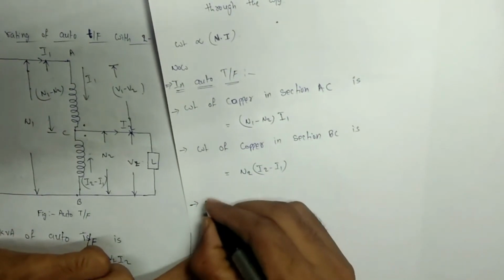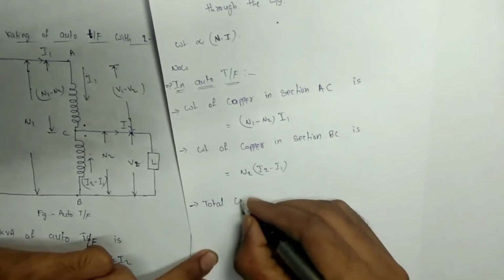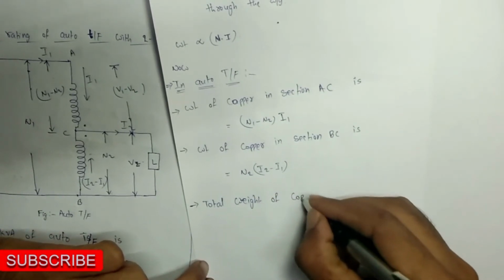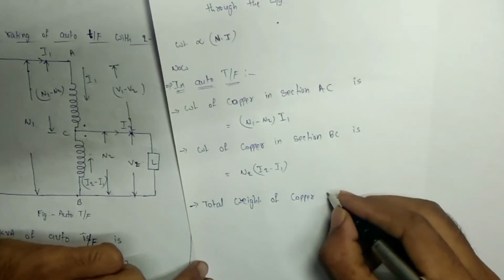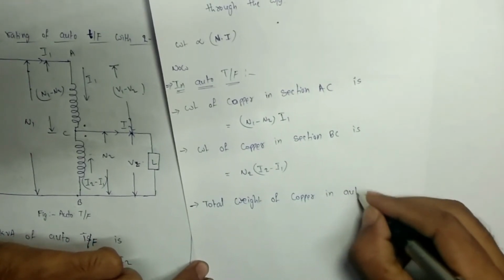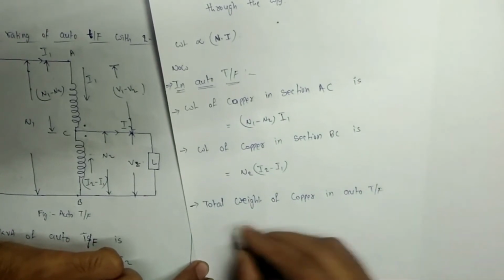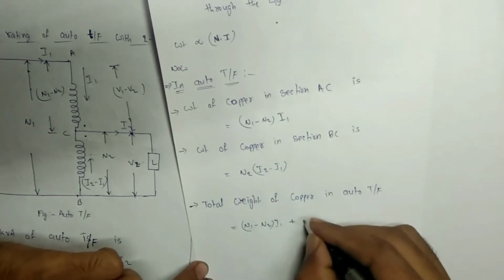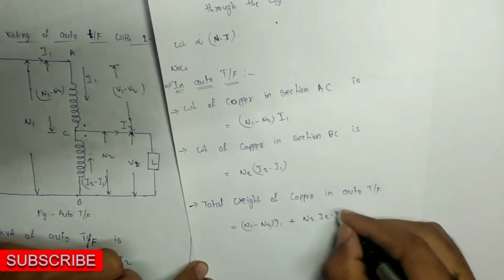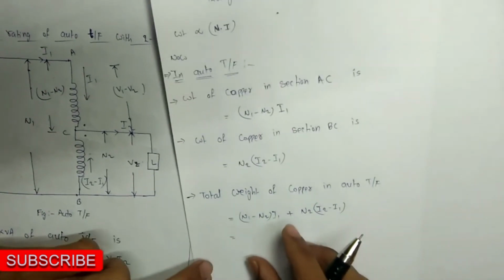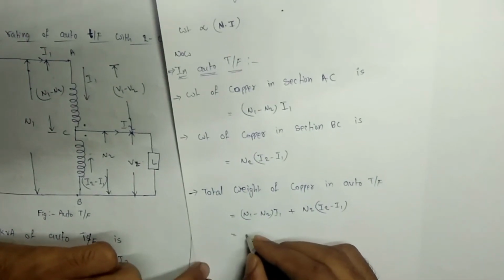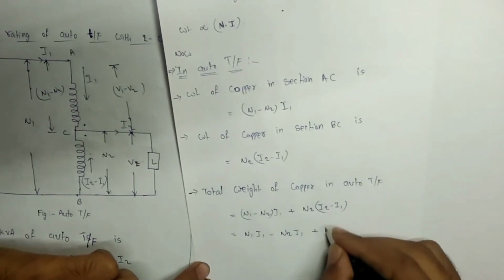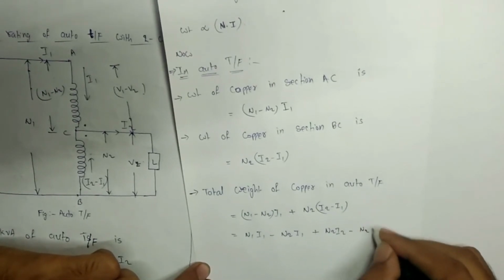Then total weight of copper in auto transformer is equal to N1 minus N2 into I1 plus N2 into I2 minus I1. By solving, N1 I1 minus N2 I1 plus N2 I2 minus N2 I1.